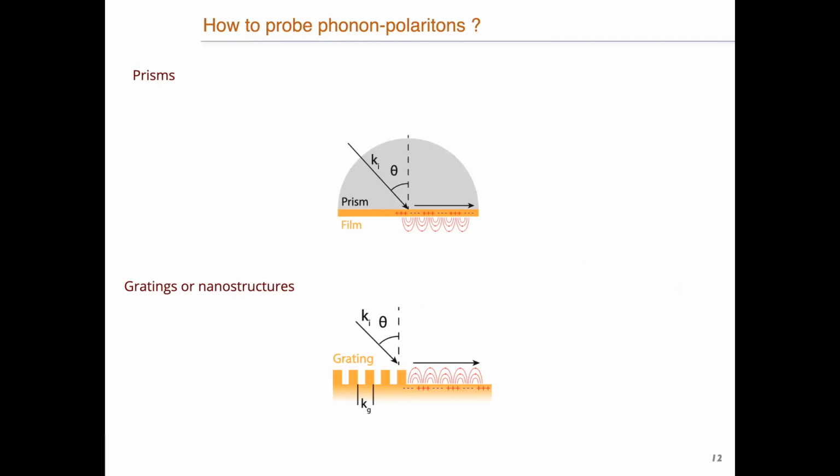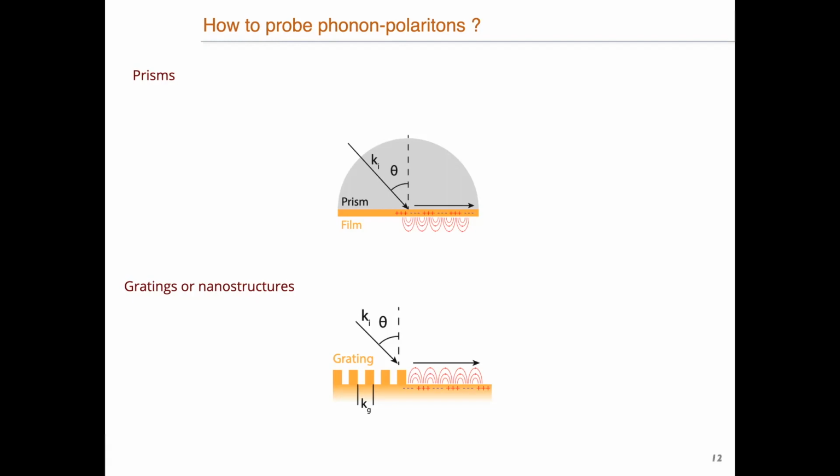Two early techniques that were used, but not so much anymore, are placing a prism on the polaritonic material and launching light this way, using total internal reflection, which, as you may well know, generates an evanescent field that will excite and launch a phonon polariton in the material.